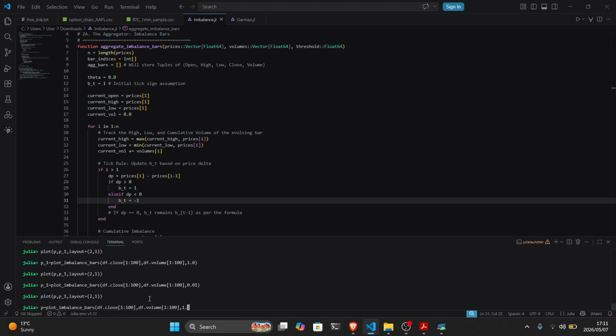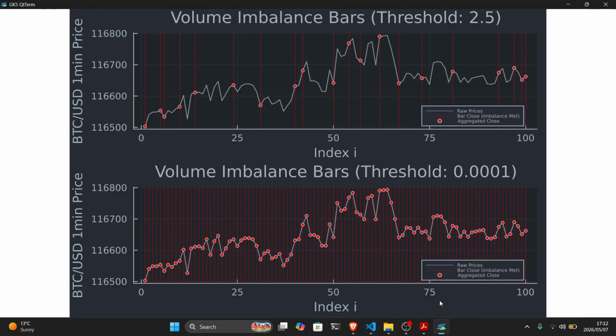Now let's try numbers. Let's try 2.5. We're gonna try 0.001. And as you can see, the threshold that's smaller has more closes, and the one that's bigger has less closes, right?